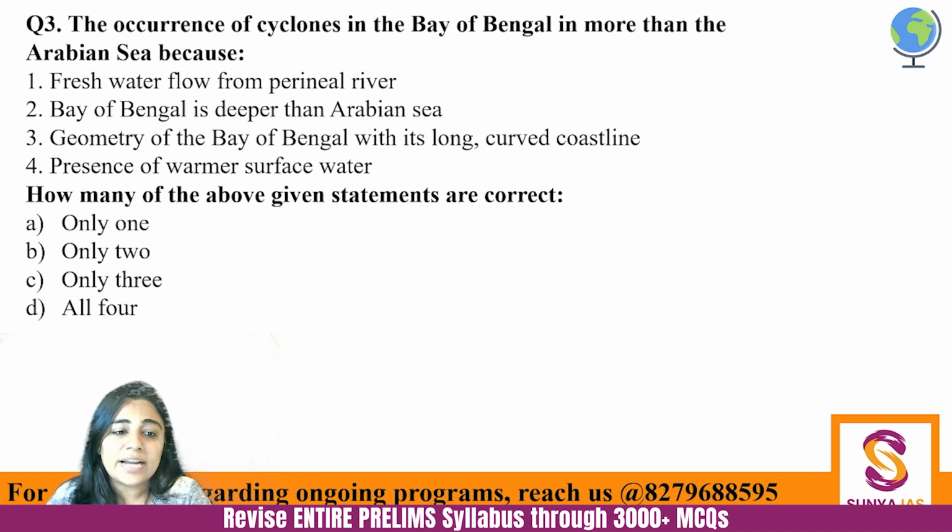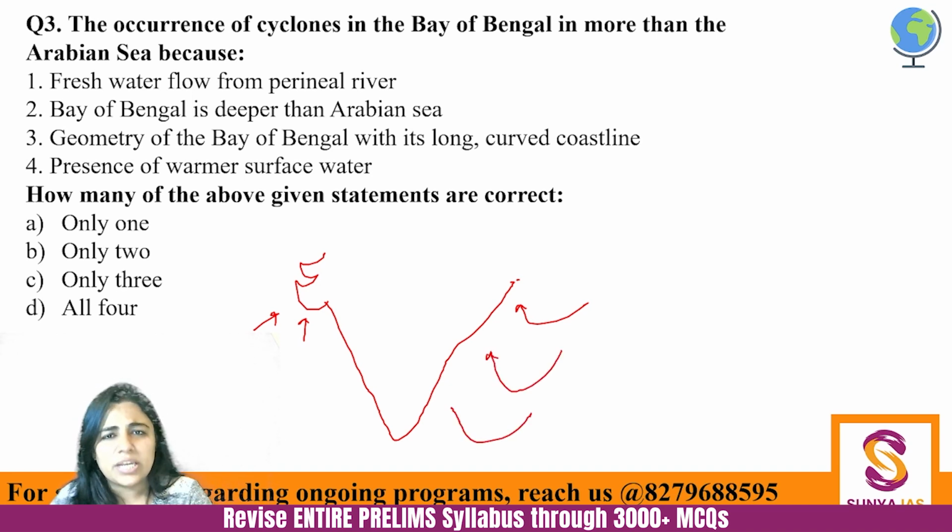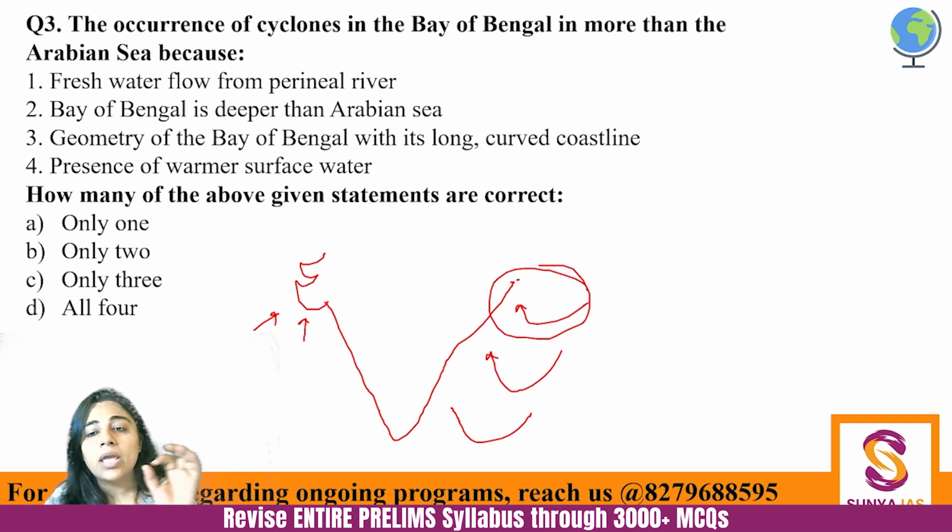So we know for a fact that there are cyclones coming on the Gujarat coast etc. But otherwise we have always had cyclones on the Odisha coast, we have had cyclones on the Andhra Pradesh coast, we have had cyclones less on the Chennai coast because why? Because Coriolis force is lesser. Coriolis force is more on the Odisha coast. So mostly Odisha or even for that matter West Bengal is also very much affected.